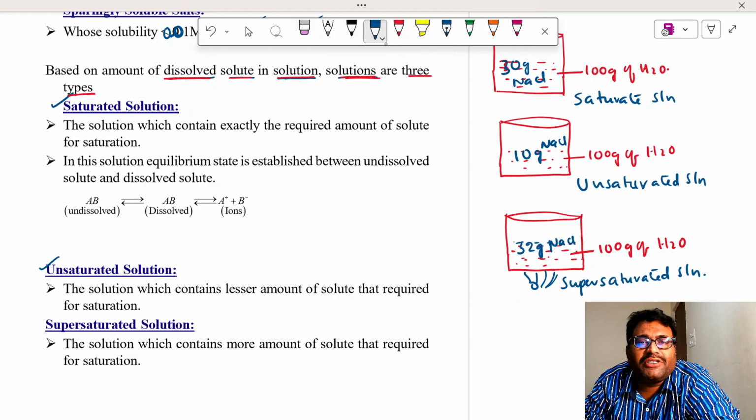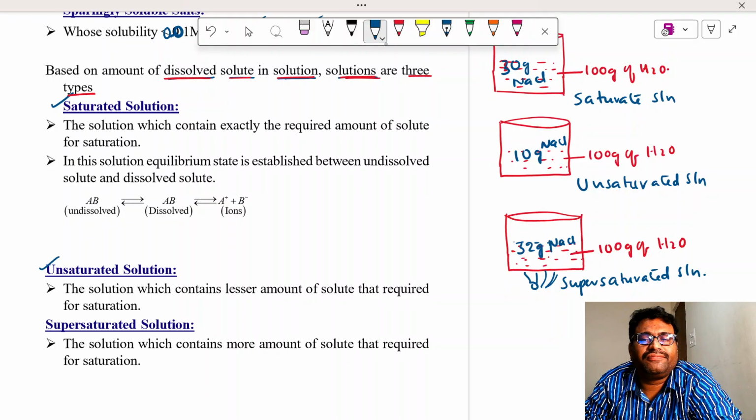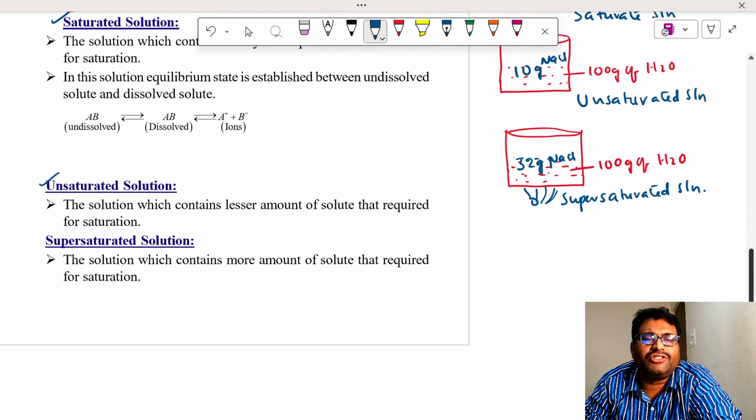When can you prepare a supersaturated solution? You can prepare it by heating. When you heat it, the molecules move randomly and the intermolecular space increases. So some more amount, greater than its solubility, can be present in the solution. That is the difference between saturated, supersaturated and unsaturated solution.